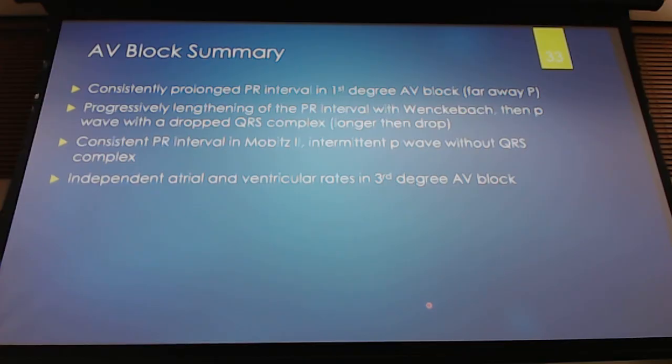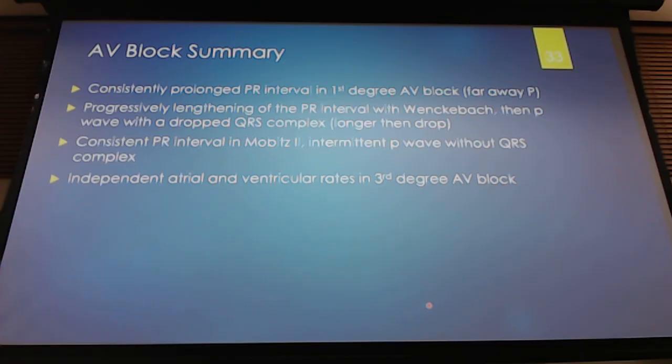Drop must have a winky box, so we have a PR interval that may start out normal, but the next one's a little bit longer, and the next one's a little bit longer. And then all of a sudden, we have that drop in our QRS complex. So longer for our PR intervals, measured from the beginning of our P wave to the beginning of our QRS complex.